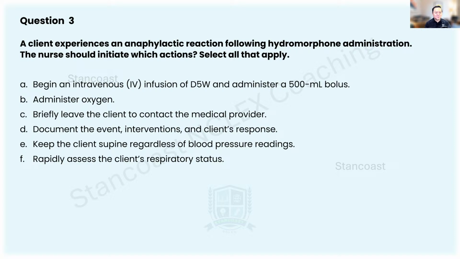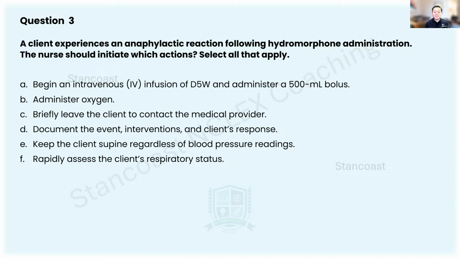Letter A. Begin an IV infusion of D5 water and administer 500 ml bolus of the D5 water. Will this resolve the issue? It probably not. It will not. Okay, why? The nurse should not be administering D5 water. Remember about the crystalloid, we're going to have to use the isotonic solution. So we're not going to administer anything with dextrose.